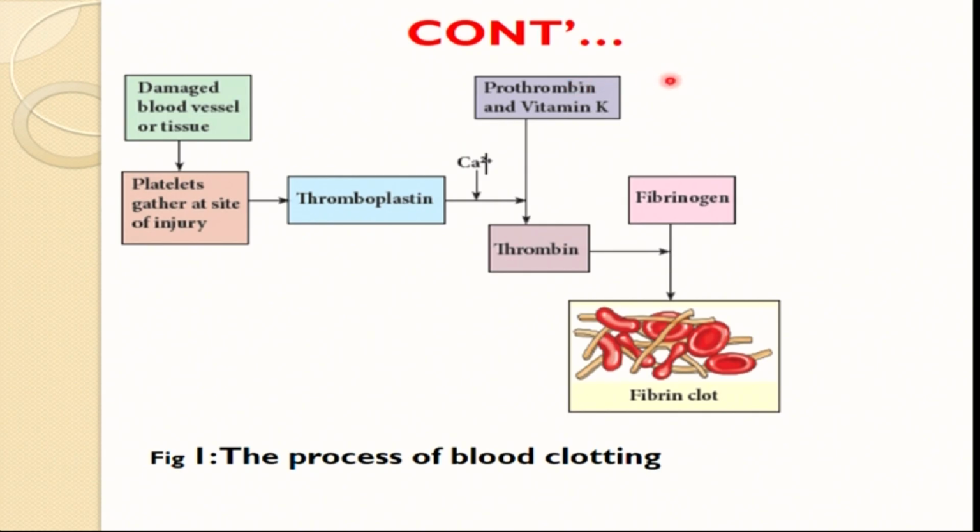Now, the next step is the production of thrombin. After production of the thrombin, it produces what we call a soluble protein called fibrinogen. Once the fibrinogen is produced, it will be converted into an insoluble protein, which is referred to as fibrin.